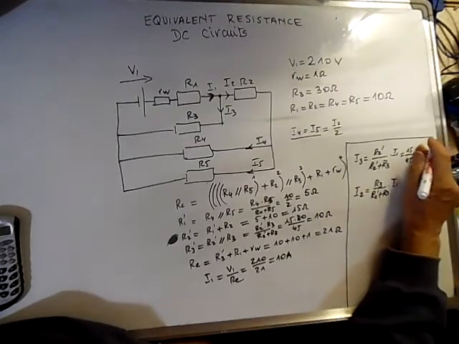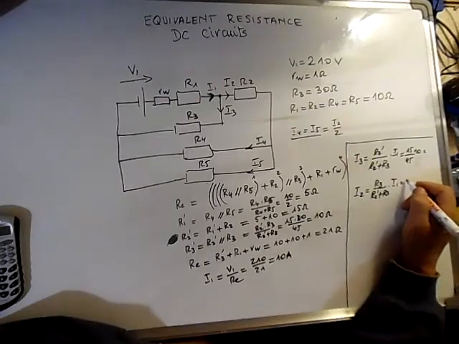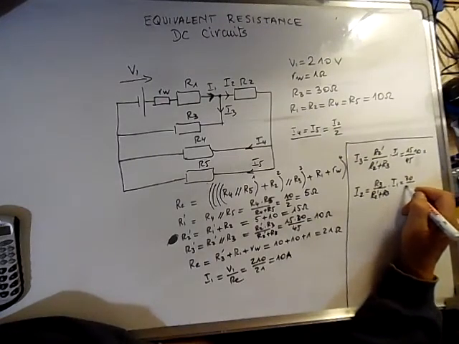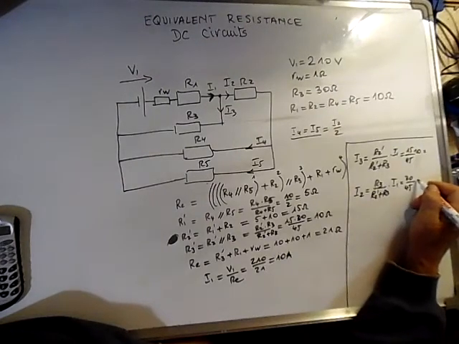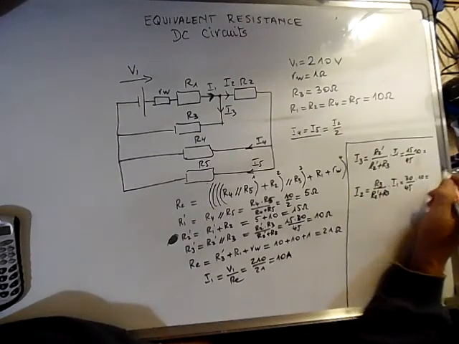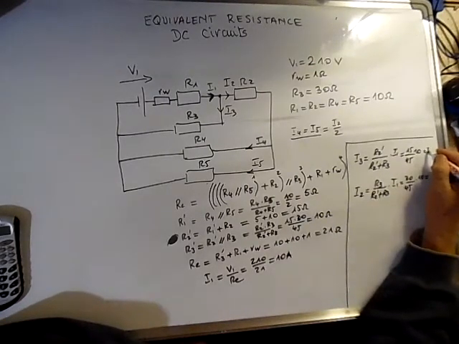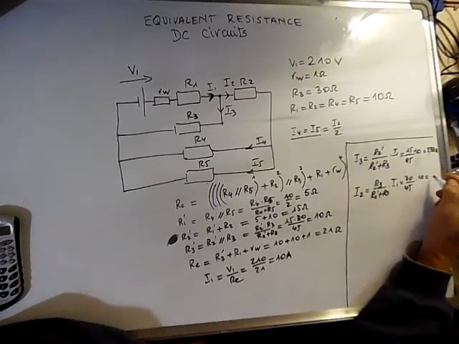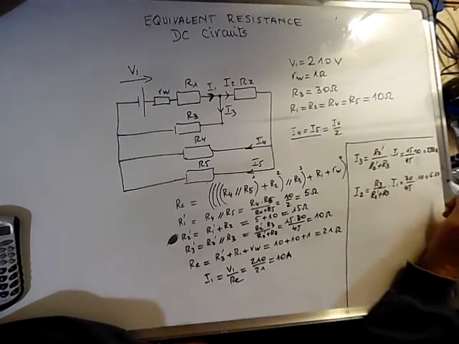And this is 15 over 45 times 10, and this is, I think, 1/3, so it means 3.33 amps, I3, and I2 is equal to 6.67 amps.